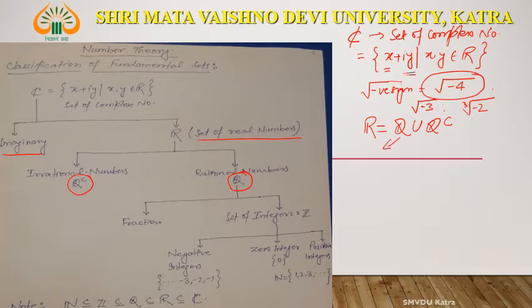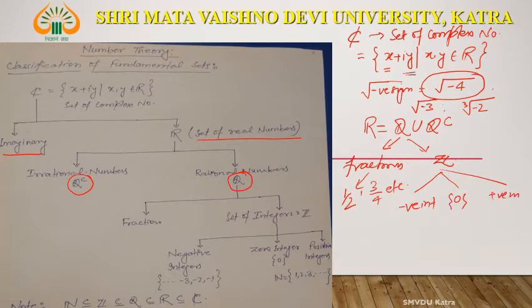Rational numbers are of two types: fractions, and integers. For example, fractions are 1/2, 3/4, etc. An integer can be further classified into three categories: negative integers, zero, and positive integers.